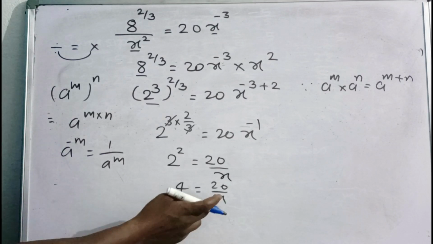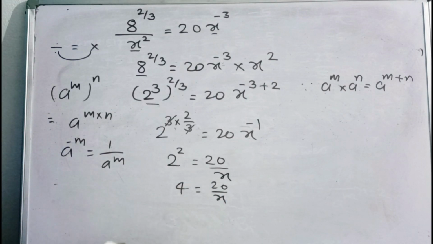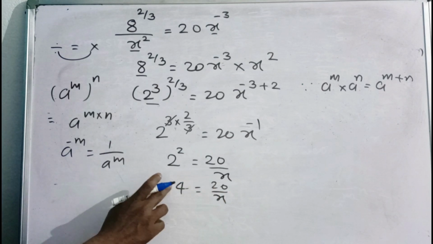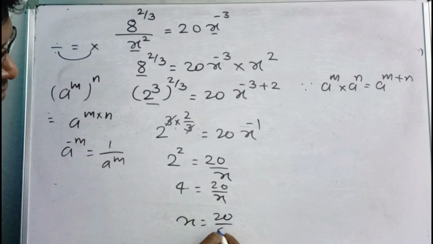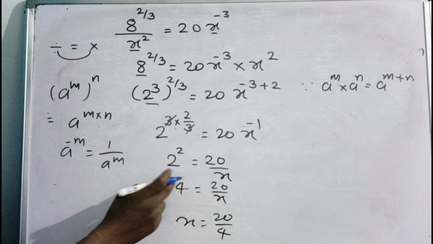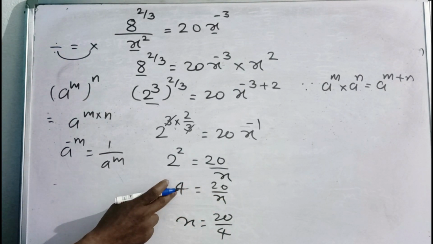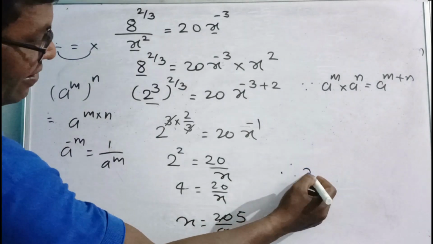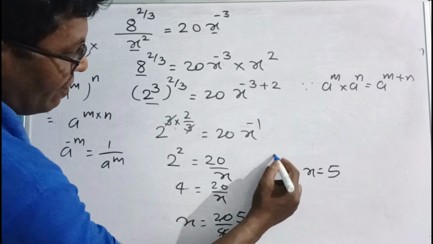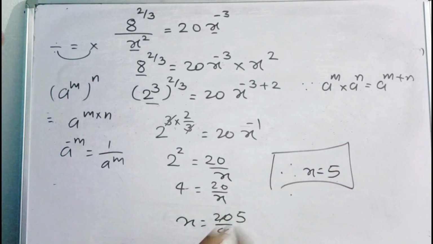Now interchange, x इधर आएगा 4 उधर चला जाएगा, x is equal to 20 divided by 4. डिवीजन का मल्टीप्लिकेशन में आ गया इधर और ये मल्टीप्लिकेशन का डिवीजन में चला गया. 4 1 are 4, 4 5 are 20. Here x is equal to 5. This is the answer.